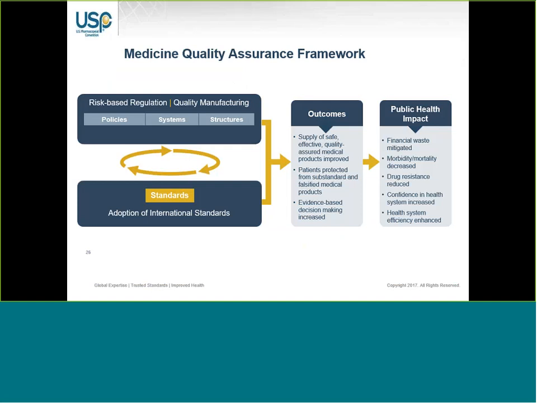So in this slide, really, we want to give you an insight into the medicines quality assurance framework. And what's exciting about this is really a way to frame how you ensure that medical products that are available to healthcare providers, patients, and the population are quality assured. One of the ways we like to look at this is to look at regulation.